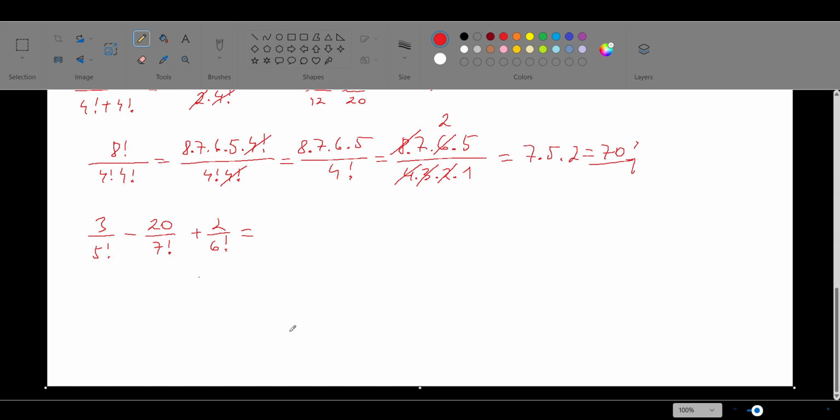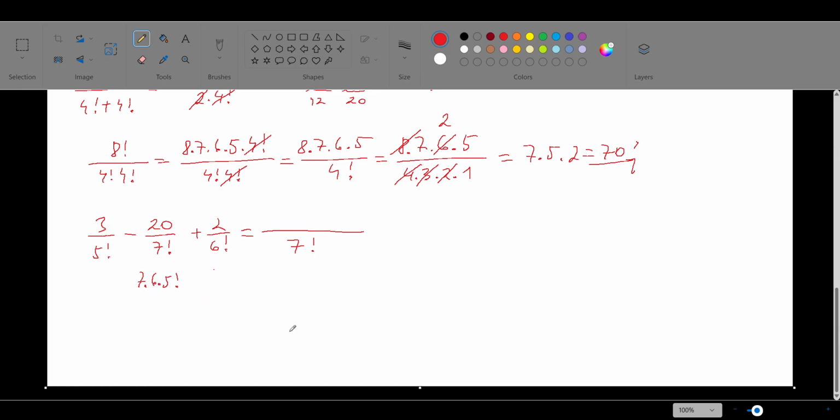Now, to adapt these three fractions, you have to find the common denominator, which is the lowest multiple, and in this case you should realize that it's going to be 7 factorial. Why is it so?